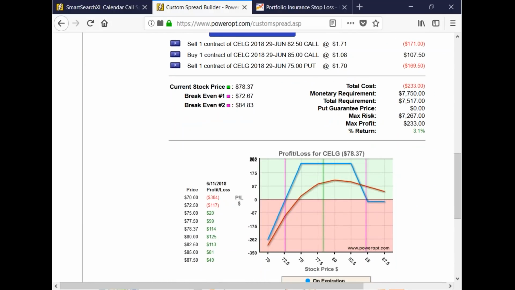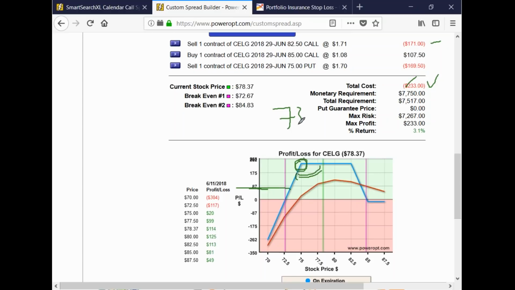Now, what is this? This is like an iron condor without the extra leg. And so I think what Rhajiv is trying to do is set up what would be an iron condor, but increase the premium by not buying the outside leg, figuring that if it does fall below 75, and in this case I'm sure he'd probably go down to 72 or 70, he may be okay buying the stock at 75 because he took 233 premium in, so his cost basis would only be 73.